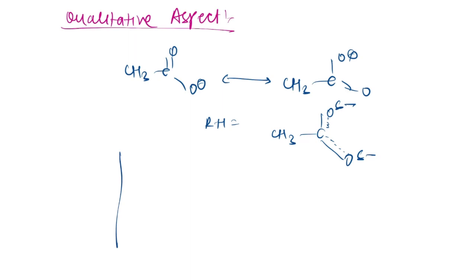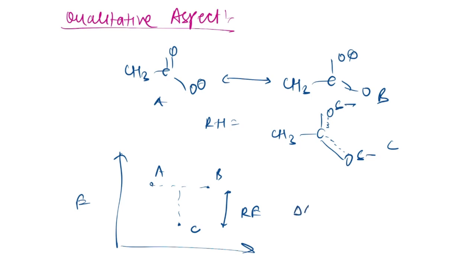So we talk about energy. It's A, it's B, and it's C. A and B are equal in energy because they are equally contributing. Then we have C. So the energy difference between A, B, and C is known as resonance energy.